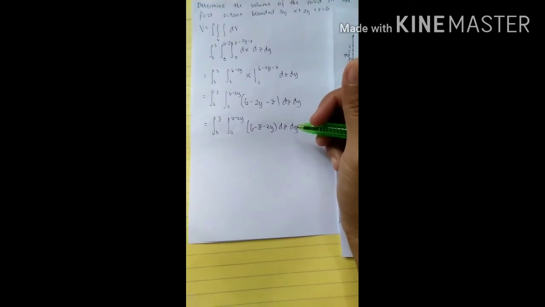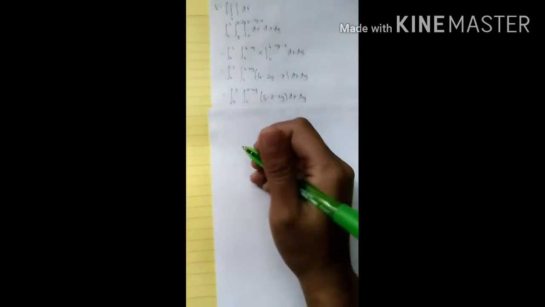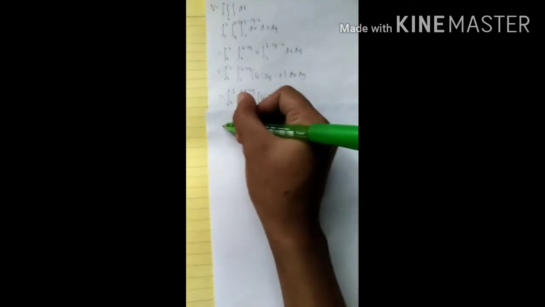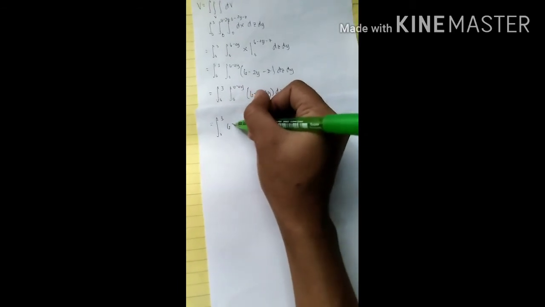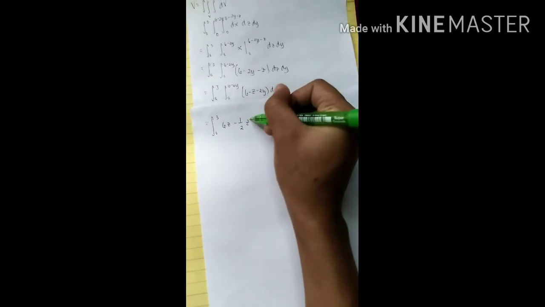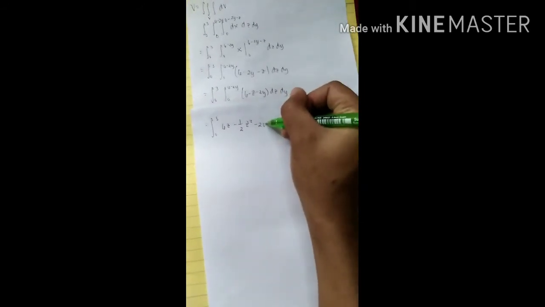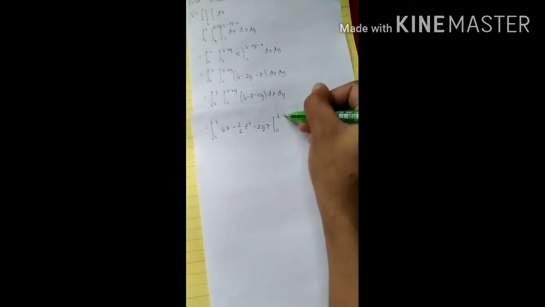So we have to treat y as a constant. So we have the integral from 0 to 3 of 6z minus 1/2 z squared minus 2yz, with the limit of 0 to 6 minus 2y, dy.